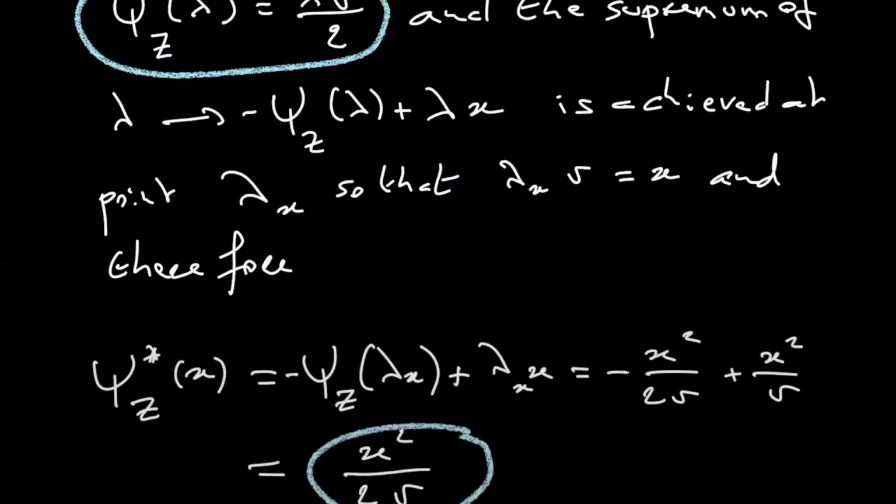And therefore, the value of the dual is lambda x times x minus the moment generating function of the normal, and you compute the value, which is minus this quantity, and you have plus this quantity here, and you end up with x squared over 2v as announced. So this is very simple. You should make this calculation by yourself in order to convince yourself that it is very elementary.